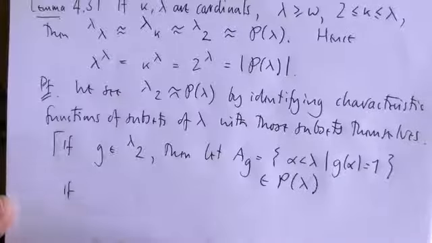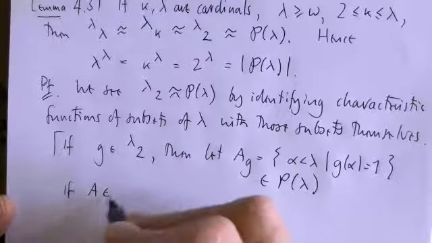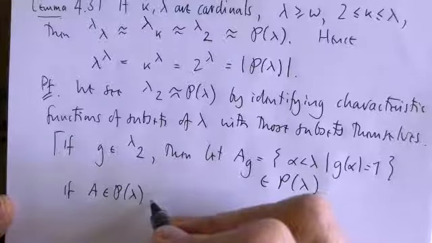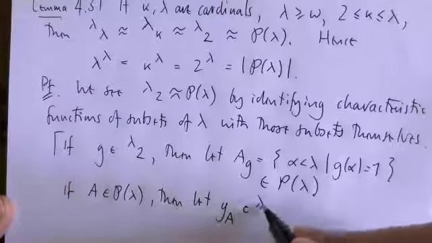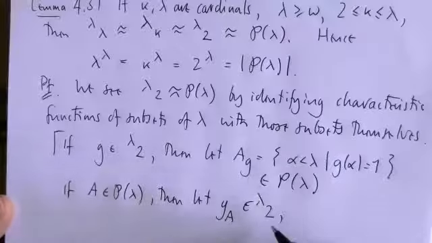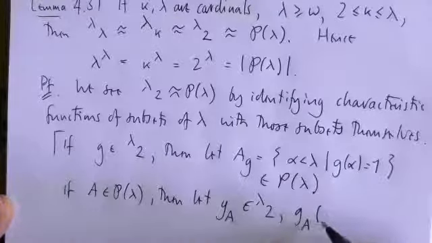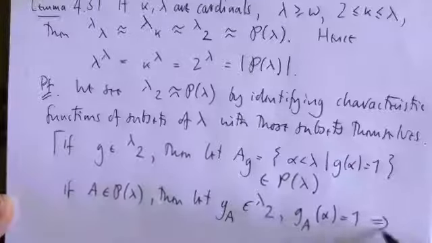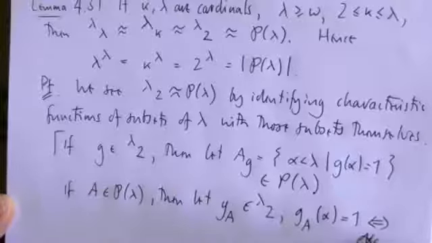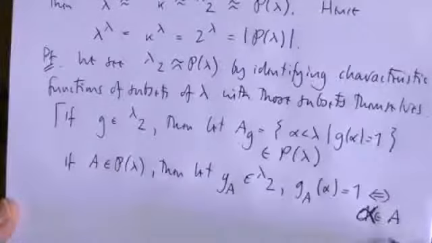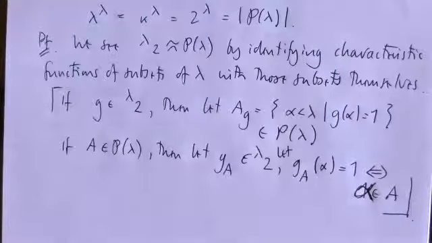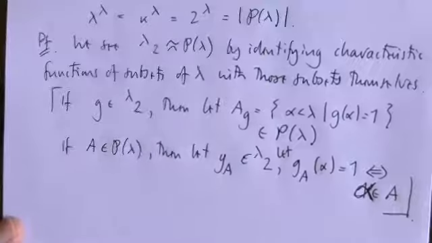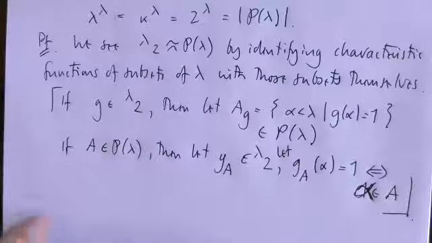And conversely, if I've got A a subset of lambda, then let g_A be the characteristic function in 2 to the lambda, where g_A of alpha is 1 if and only if alpha is in A. So this is what I mean by identifying a characteristic function with a subset here.